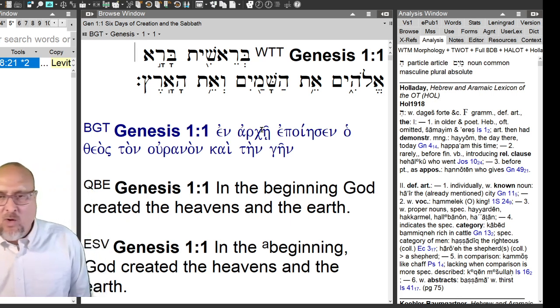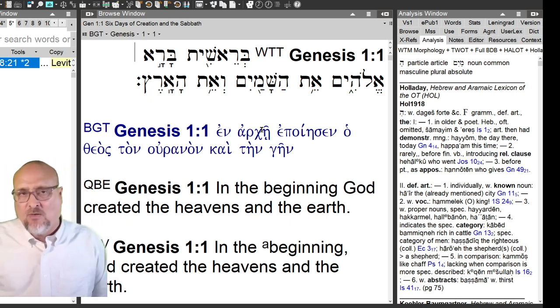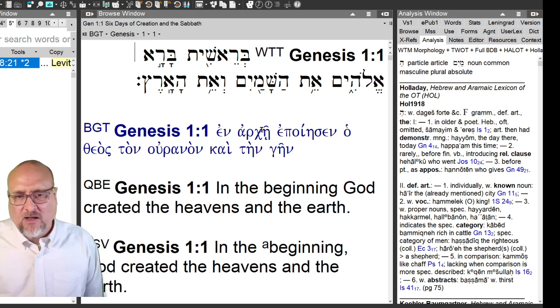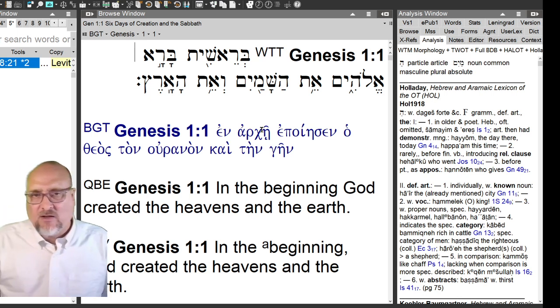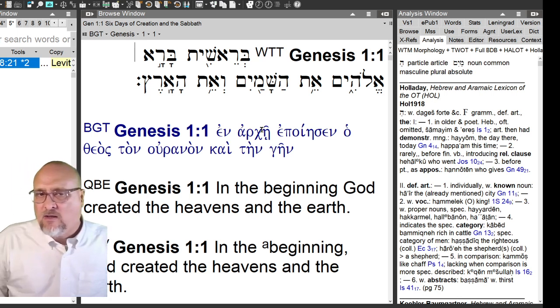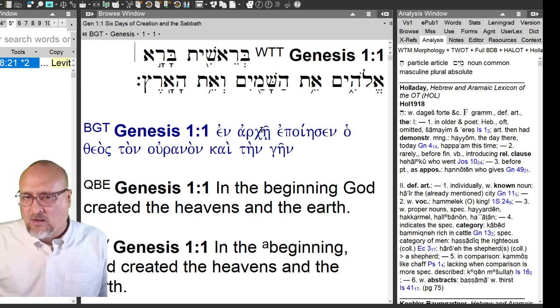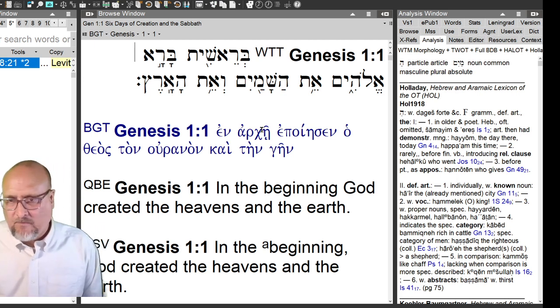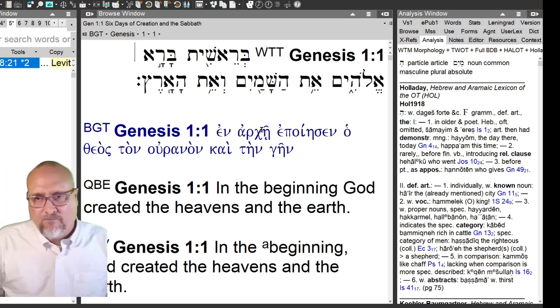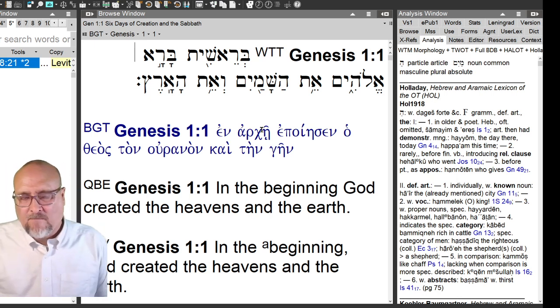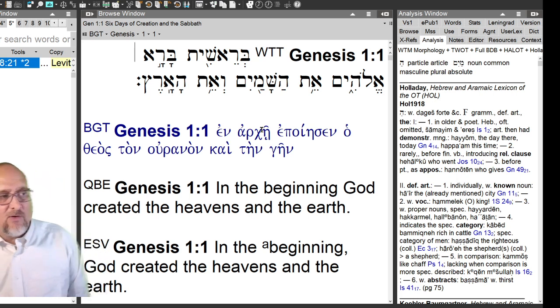There's probably one of those 7 words that you already know. So we've read this sentence a number of times, Bereshit bara Elohim et hashamayim va'et haaretz. There's probably one of those words that you've heard before. What word is it? Elohim. It's the word for God.